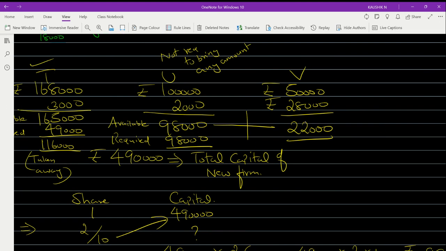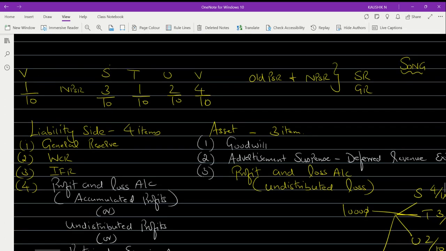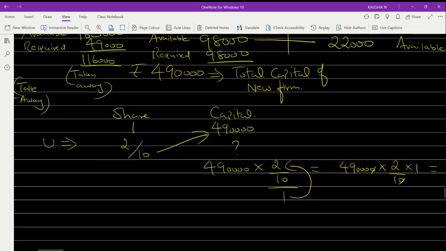Coming to the last partner, V. Okay, so for V, we have 22 available. What is the new profit sharing ratio given in the question? 4 by 10.